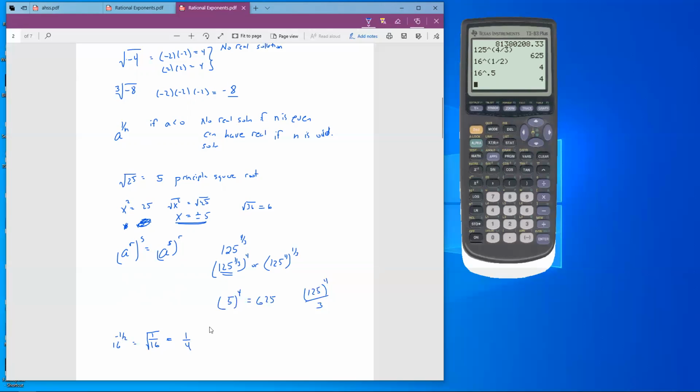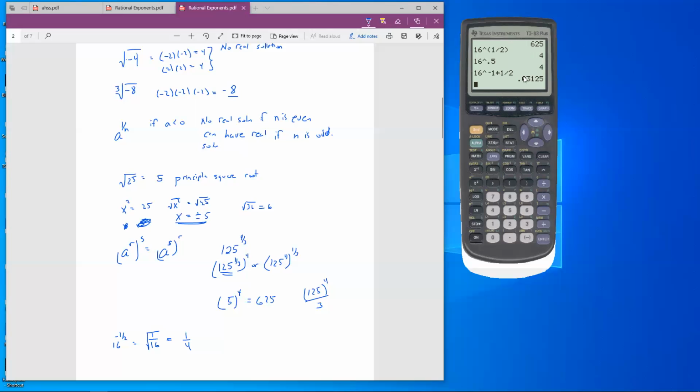If we try it in the calculator, again, we do 16 caret negative 1 times 1/2. What do you think we're going to get? We're going to get 1 over 8. So that's not going to work out so well.